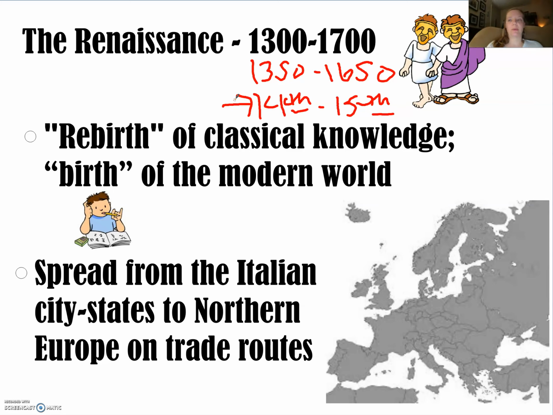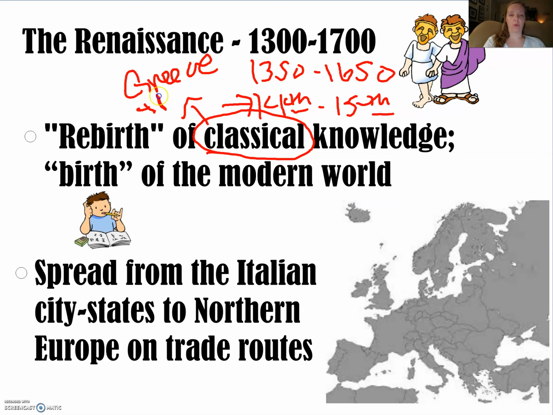It is a rebirth of classical knowledge. Now, classical knowledge is everything related to Greece and Rome. You learned about that a lot in World History 1, right? So you've got the Greeks and the Romans who would have been centered in Italy. It's a discussion in the political spheres about democracy and people's rights, though no one's making that transition yet.